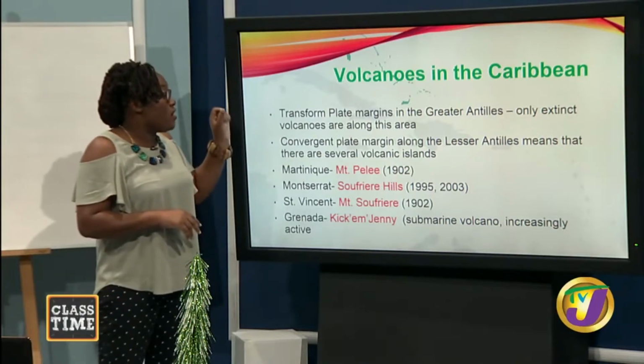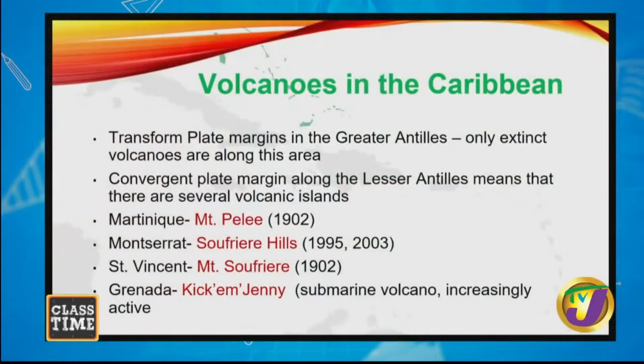But there is a convergent plate margin along the Lesser Antilles, and this gives rise to a number of volcanoes along a certain path. All right, so we have Martinique, and that one is called Mount Pelée, and that erupted in 1902.